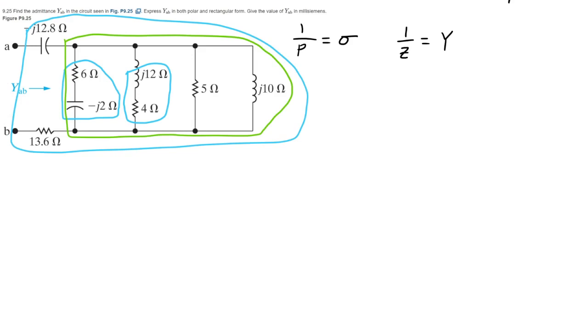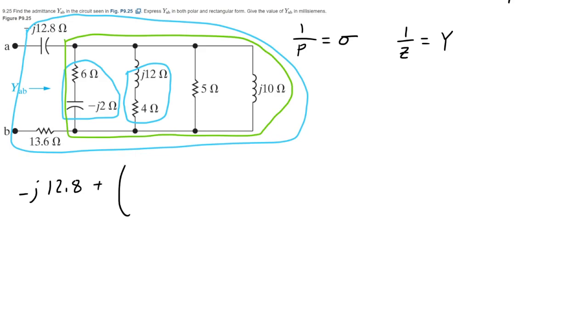And we're not given a frequency here, but we're given the impedance, which means that this whole circuit, that capacitor at this frequency has minus J2 ohms. It is omega, but a different omega. Anyway, so I'll start from A. So J12.8 ohm.